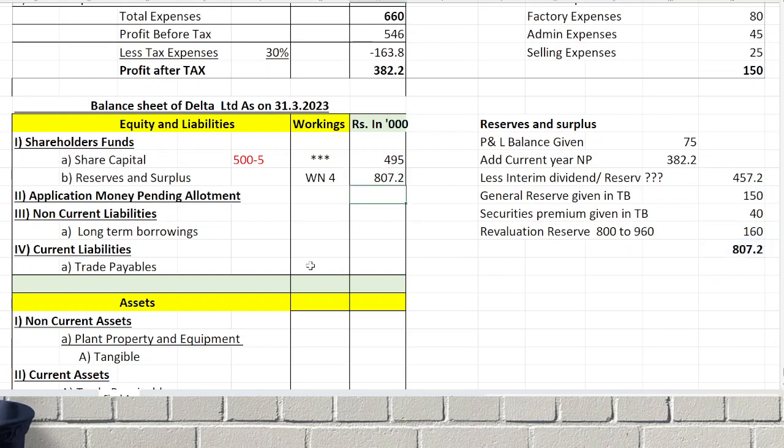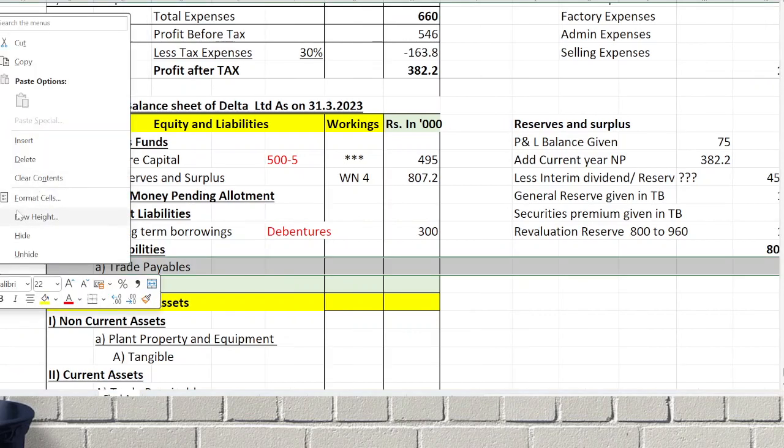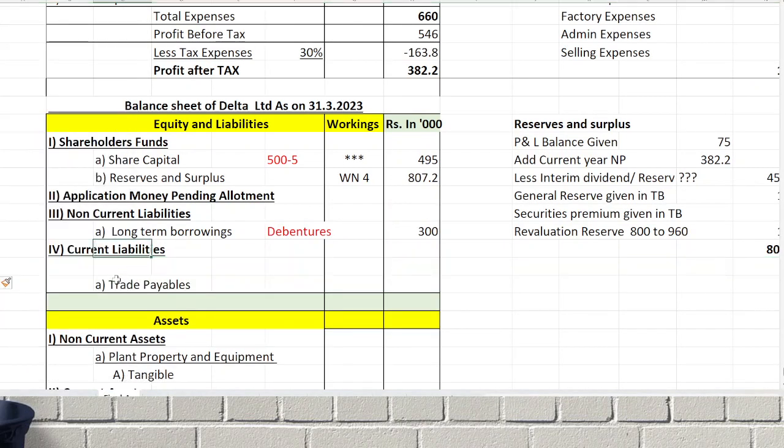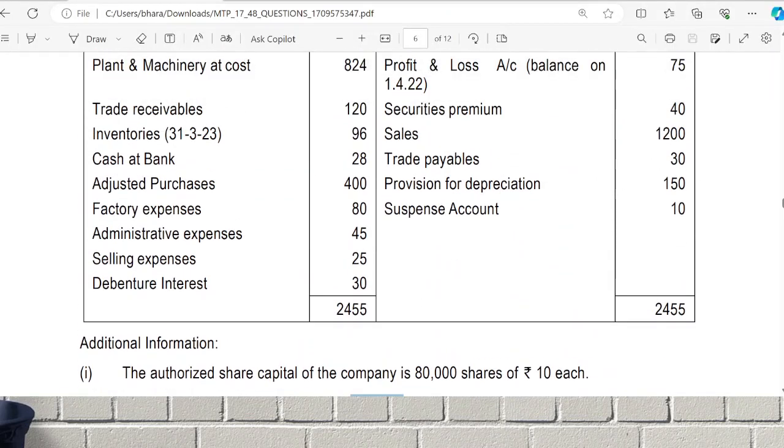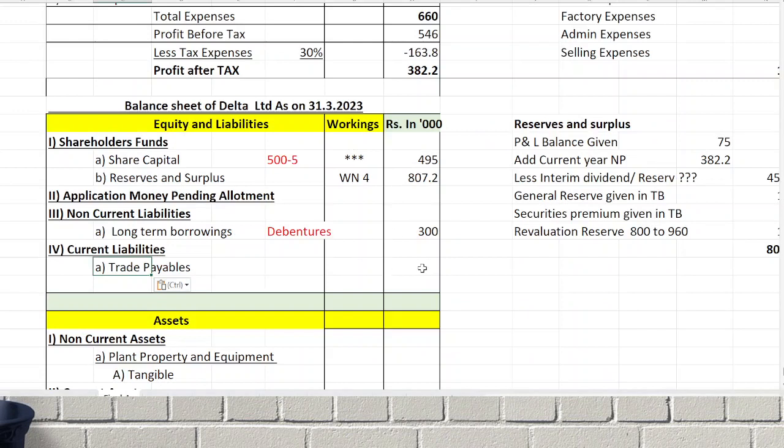No application money pending allotment. Debentures 300 is there. Current liability we have got which one? Trade payables are there. Trade payables is nothing but this 30. Then what else?